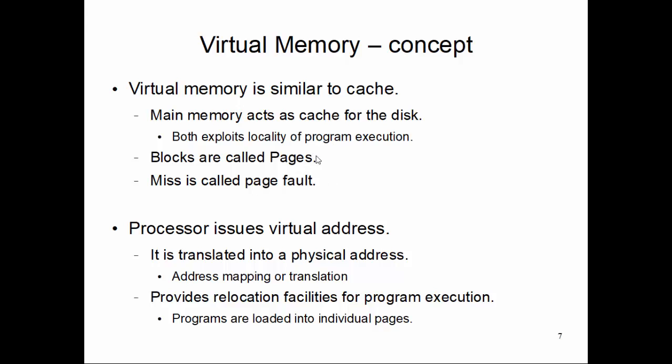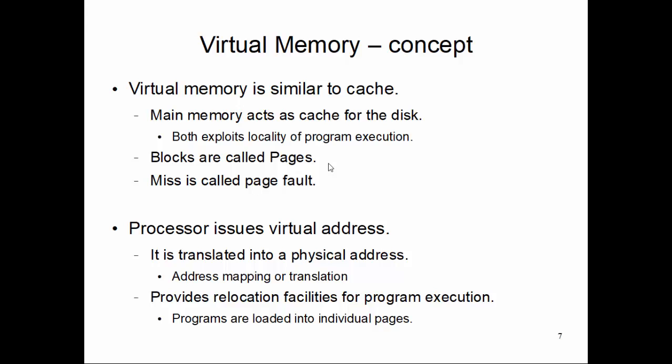In the case of virtual memory, blocks are called pages and misses are called page faults. Your cache memory evolved from the hardware engineering and design side, whereas virtual memory evolved from the software engineering side. So their terminology became different, but concept-wise, they are practically the same concept. So instead of replacing a block in a cache memory, in virtual memory we call it replacing a page.